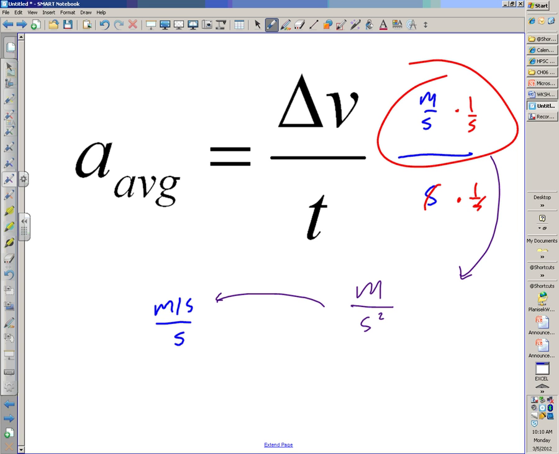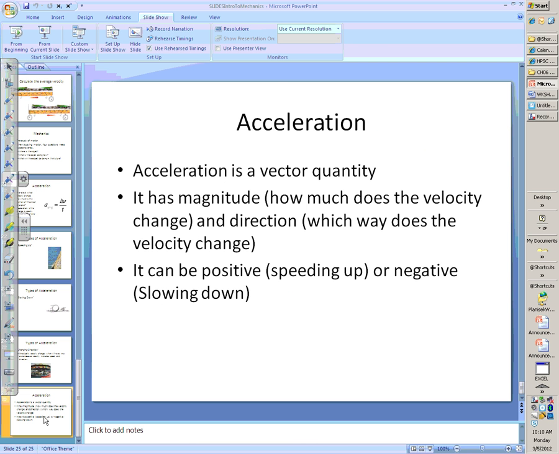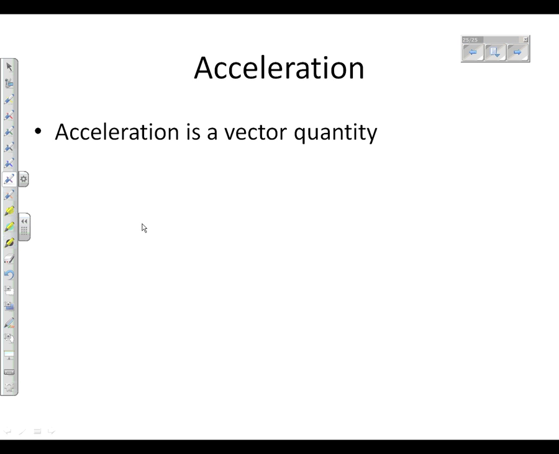All right, are we good there? Okay, a couple more conceptual things. First, acceleration is a vector quantity. By now, you should be able to tell me that that means that acceleration has to tell you two things: magnitude and direction. Magnitude is sort of a general term for how much or how big.